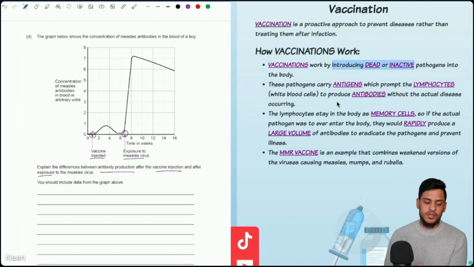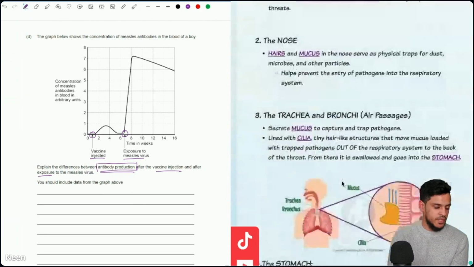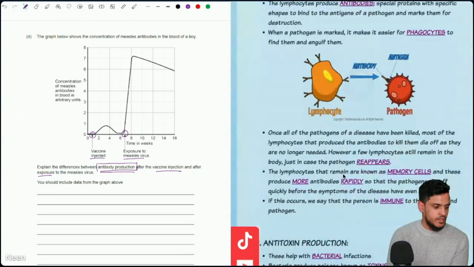So your body is responding to that by producing antibodies. It's the white blood cells that produce the antibodies. But after, so I've got it here. So once all the pathogens of a disease have been killed, most of the lymphocytes that produce the antibodies are no longer needed. So most of them die off.